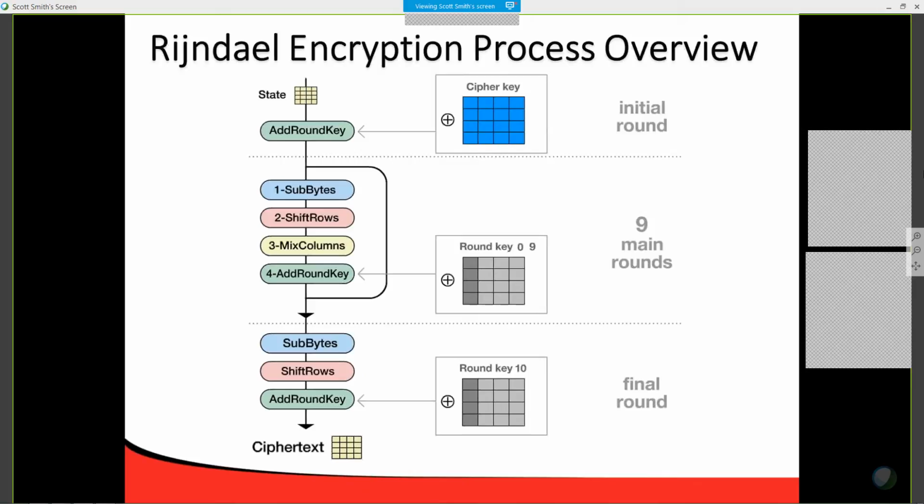Basically, it's like here's a pile of dominoes. Mix them up 9 times. Right? But doing these things each time. And then you have your last round, which is essentially another round of mixing stuff up, and you get your ciphertext output. And that happens for every 128-bit block of data.